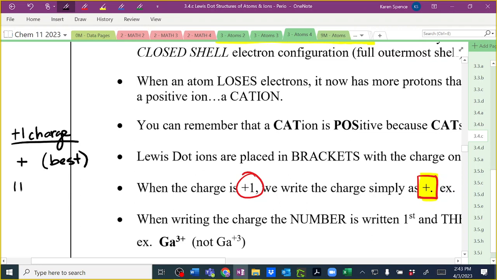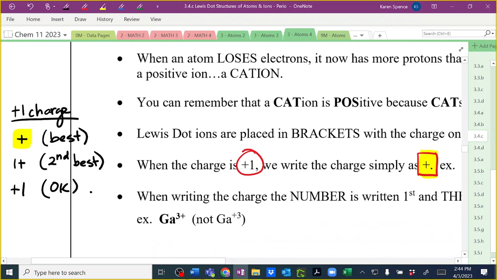Writing 1 plus is second best. And writing +1 is okay. So what would I prefer you to do? I prefer you to write plus. Am I going to take marks off if you do either of the other ones? No. Okay?